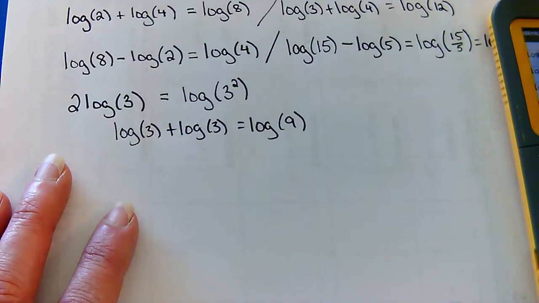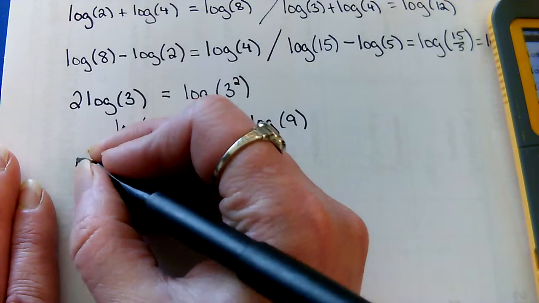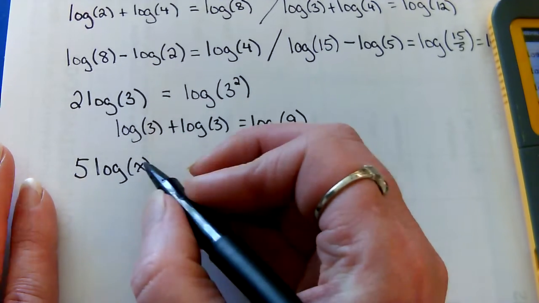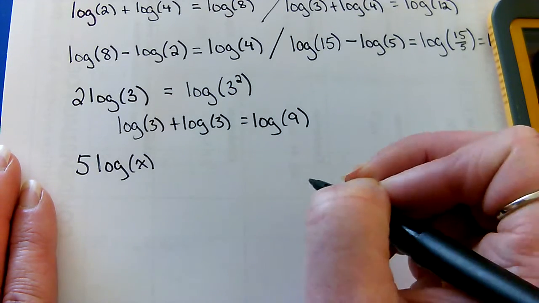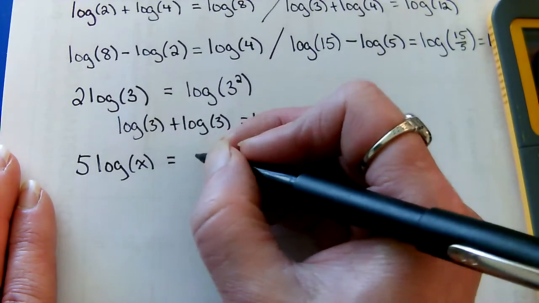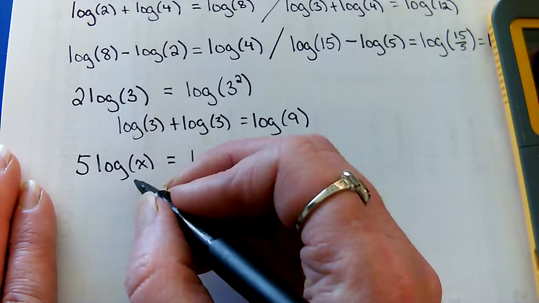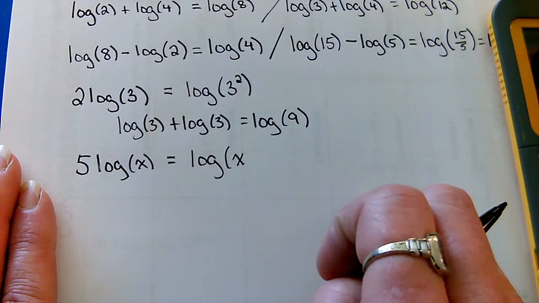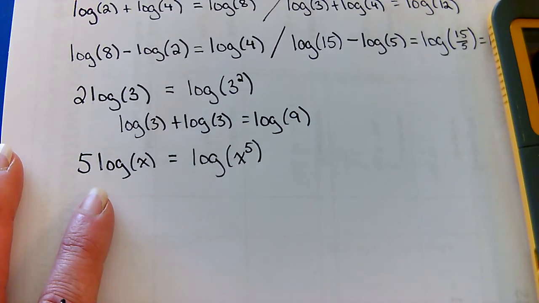Now, why would I want to shortcut that? Well, if I had 5 log of x, do I really want to rewrite that as log of x plus log of x plus log of x plus log of x plus log of x? No. I want to shortcut it, and when I condense it, it's going to be x to the 5th.